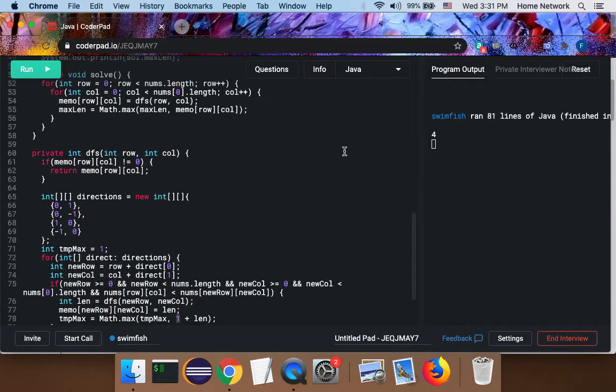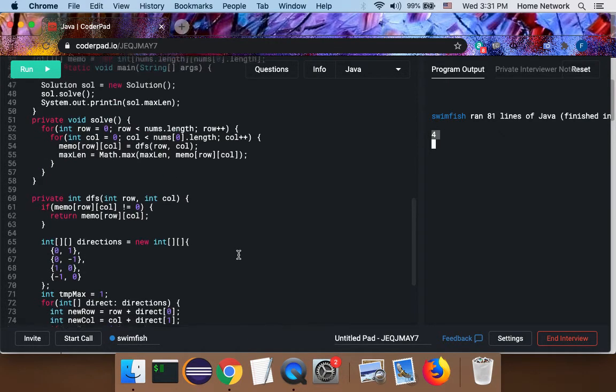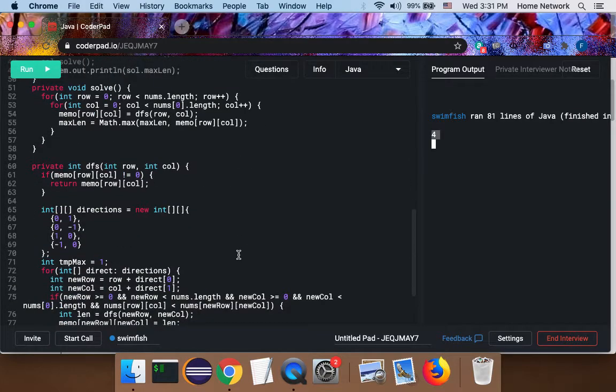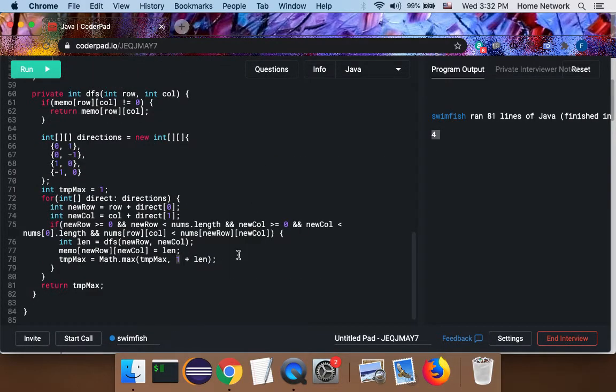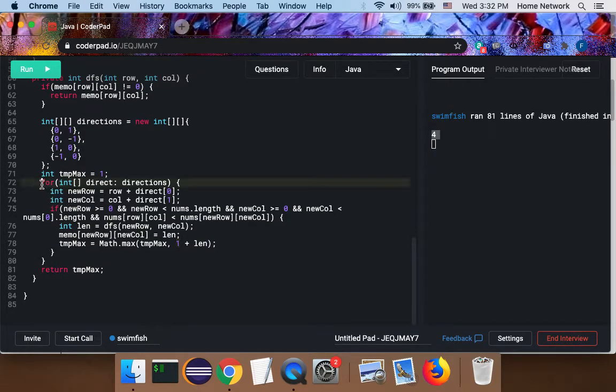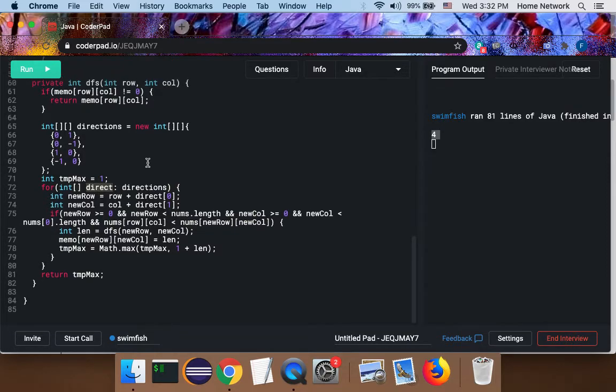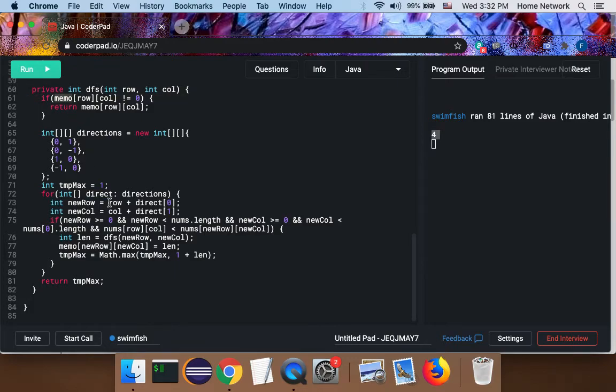And then we can get the result. So this is the DFS solution. The backtracking is done in this loop. It's implicit backtracking. After we finish one direction, we go to another direction, and we use memoization to reduce the time complexity.